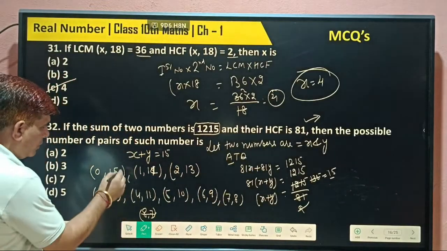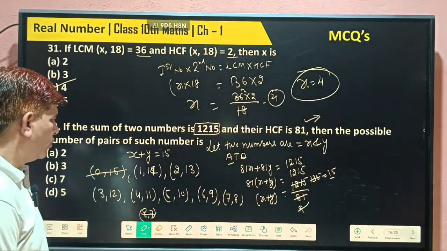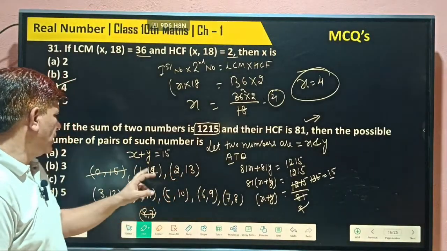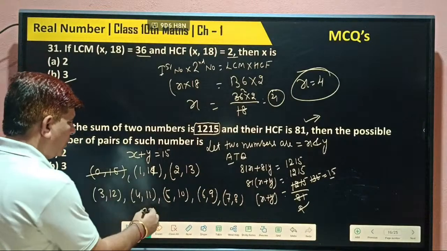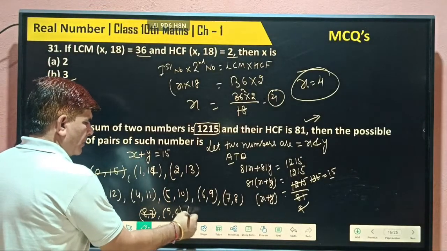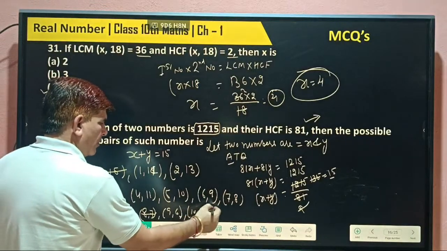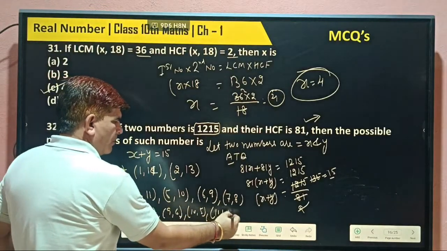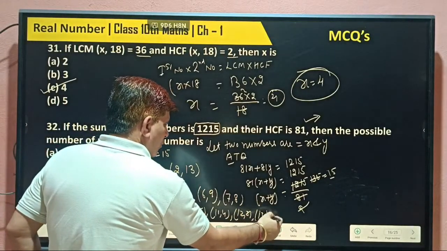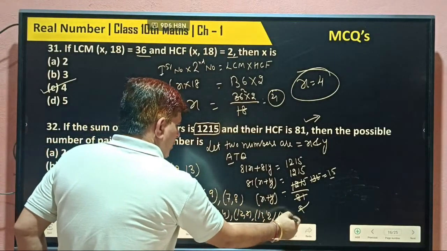Understood? So leave this. So how many? 1, 2, 3, 4, 5, 6 and 7. Next 8, 7, 9, 6, 10, 5, 11, 4, 12, 3, 13, 2, 14, 1.